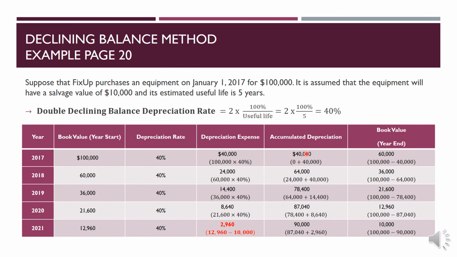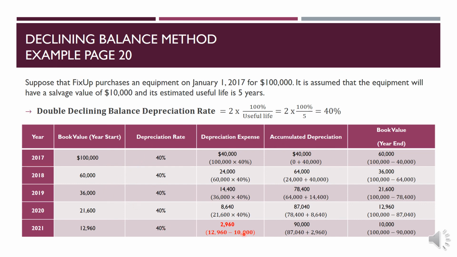Accumulated depreciation 40 plus 24, 64. The book value will be the cost, which is 100,000 minus 64,000. We have $36,000. The book value at year end 2018 is the beginning of 2019, and so on.